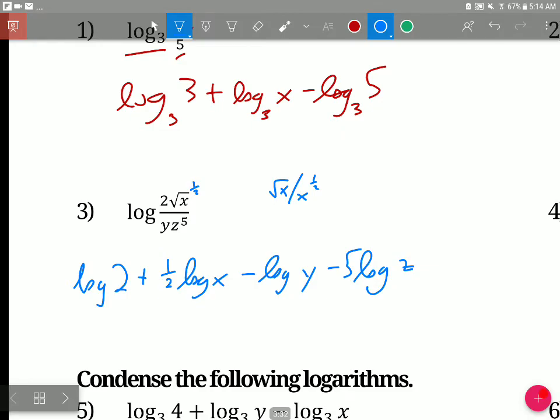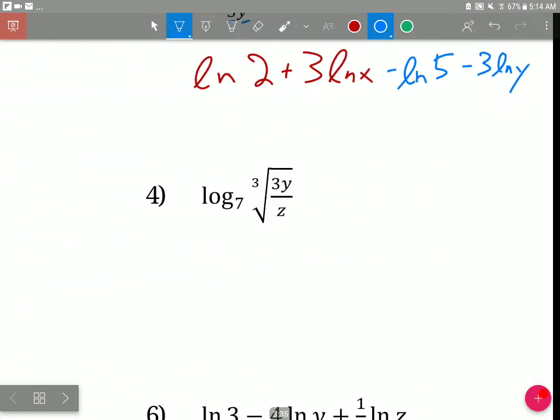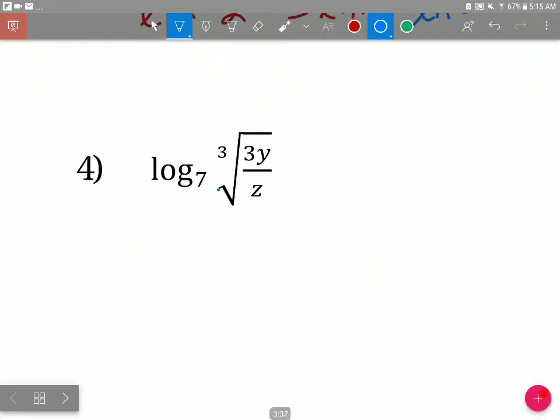And the last one. Remember, this is a root, so the whole thing is to the 1/3. So each and every one of these items, the 3 is to the 1/3, the y is to the 1/3, and the z is to 1/3. So each and every one of these is going to have a 1/3 out front. Another way of thinking about this is I can also think of it like this.